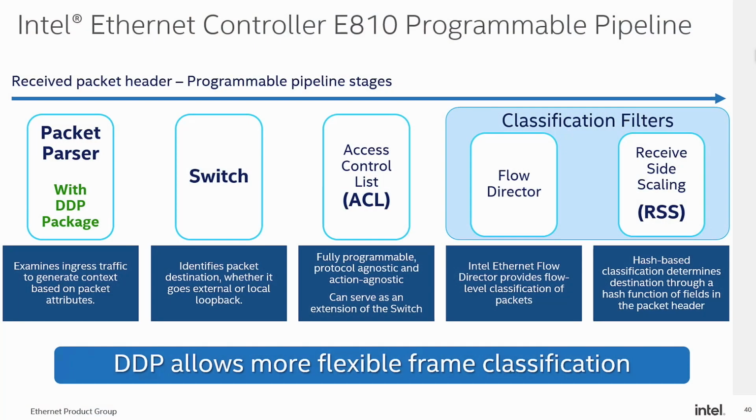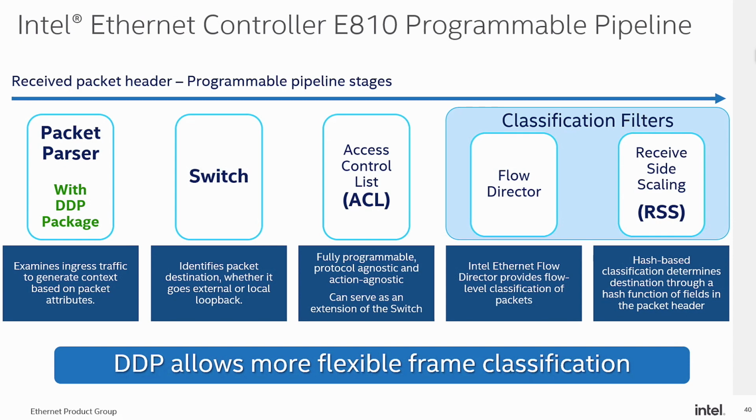So this is a simplified view of the frame processing pipeline of the 800 series. Probably most people are familiar with how a pipeline like this works, but the packet parser block really is what examines the incoming frames and extracts certain headers to match on those incoming frames.